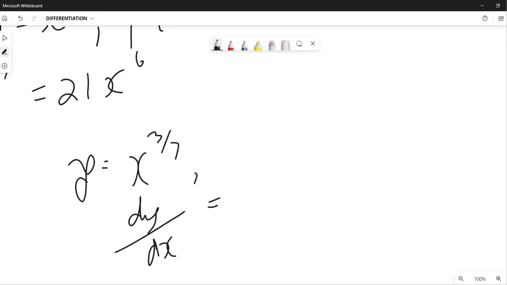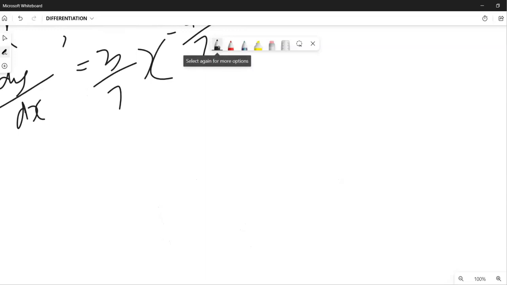Then dy by dx would be 3/7 times x to the 3/7 minus 1, which would be negative 4/7. Easy, right? Pause and write it out.